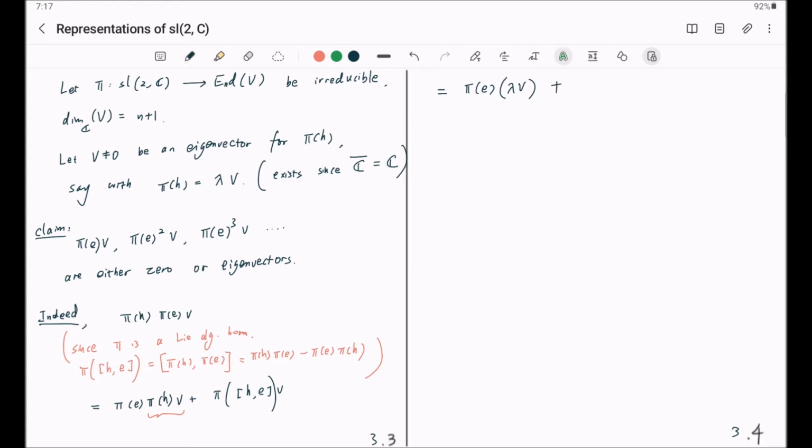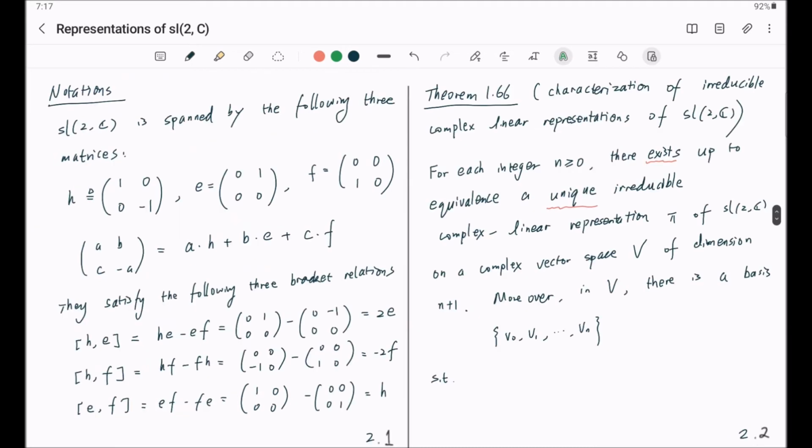And what about this part? H Lie bracket E is, well, formula 2E.